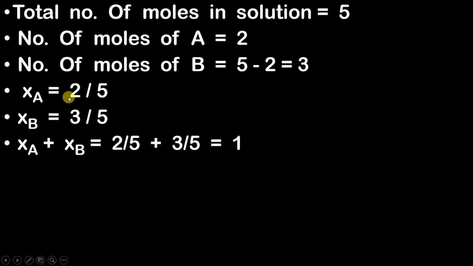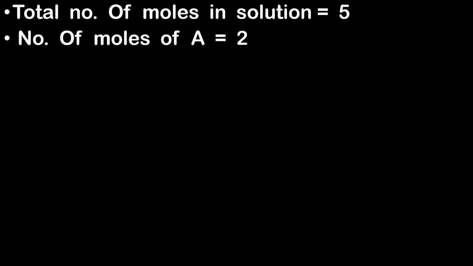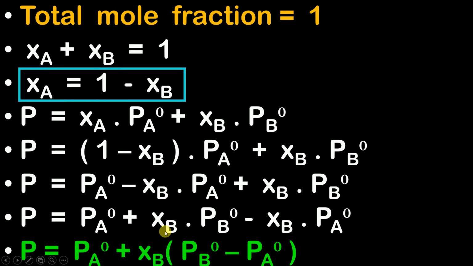Now when you add mole fraction of A plus mole fraction of B, you will obviously get 2 by 5 plus 3 by 5, which is equal to 1. So this was just an example. You can change the values and try multiple times. You will always get 1. Clear with this, guys? So I hope you have understood Raoult's law and the derivation. This derivation is important, guys, because you need this formula for solving numericals in your examination.